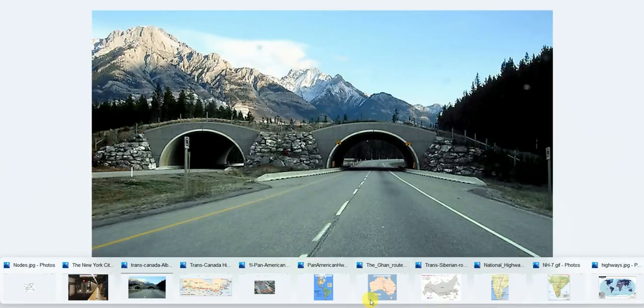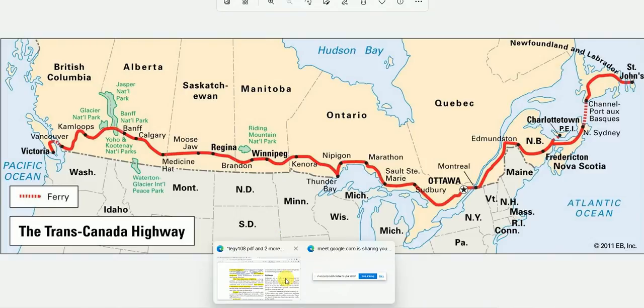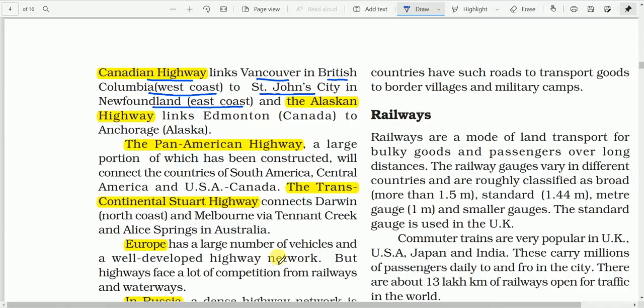And here we have the map showing the Trans-Canada Highway. The red line shows the Trans-Canada Highway connecting Vancouver in British Columbia to Saint John's in Newfoundland.